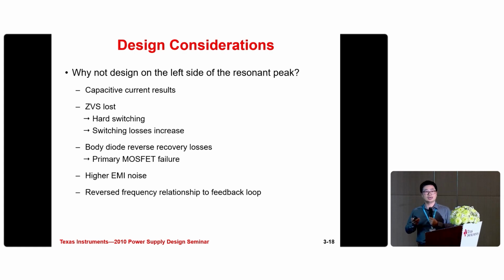That means the current will be ahead of the voltage. For the primary MOSFET, this will lose the ZVS, and it will also suffer reverse recovery loss, which will lead to failure of the primary MOSFET, and it will also lead to higher EMI noise.